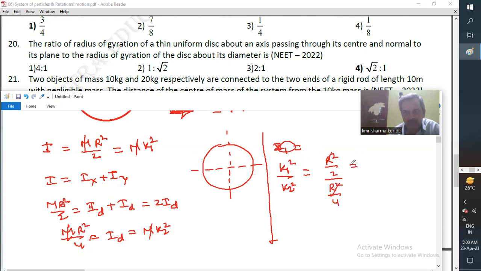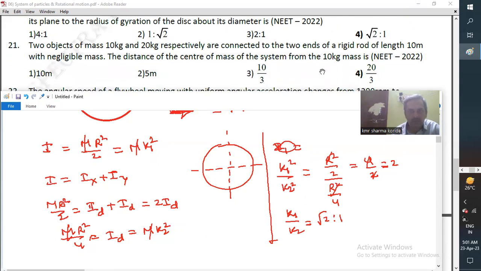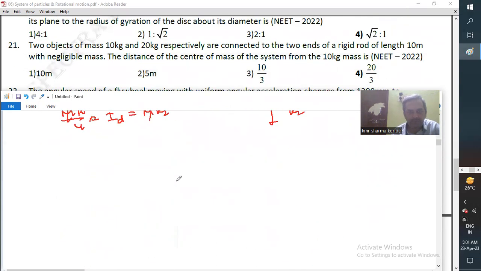R square gets cancelled. This is going to be 4 by 2, so this is 2. Therefore, the ratio is root 2 is to 1. When you take the square root, it becomes root 2:1. The last option, the fourth option, is correct.